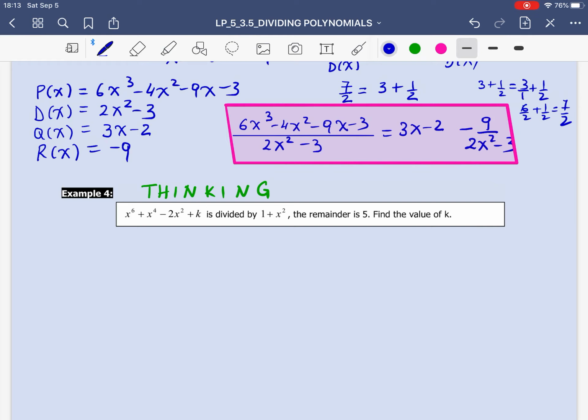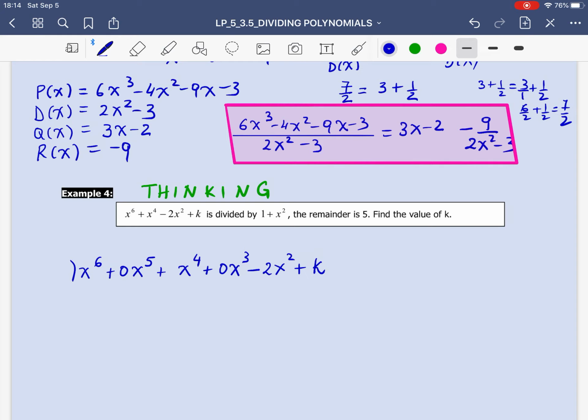It's nothing too difficult. So here we go, x^6. We do not have an x^5 term, so I'm going to write 0x^5. We do have an x^4 term. No x cubed, so 0x^3, minus 2x^2, and then plus k.